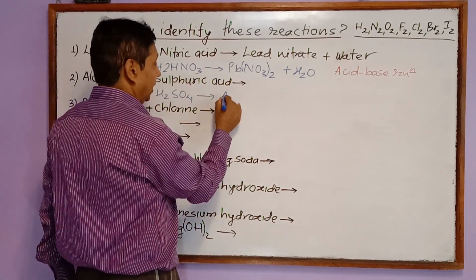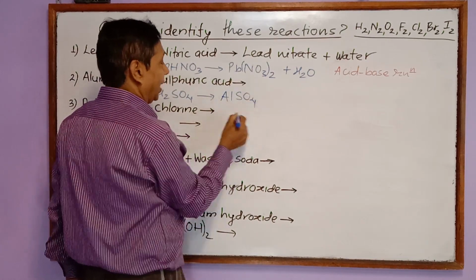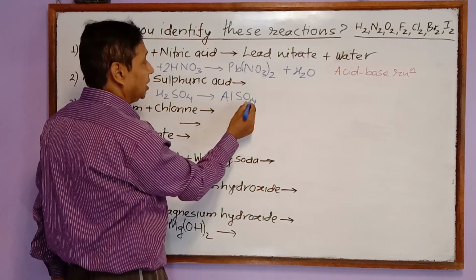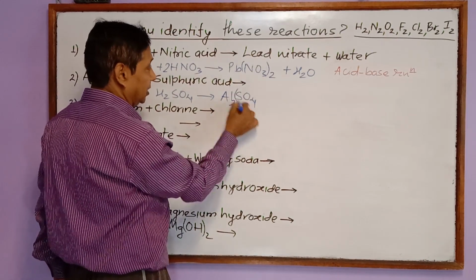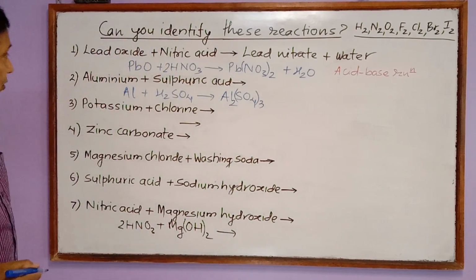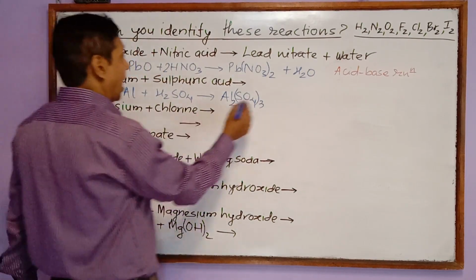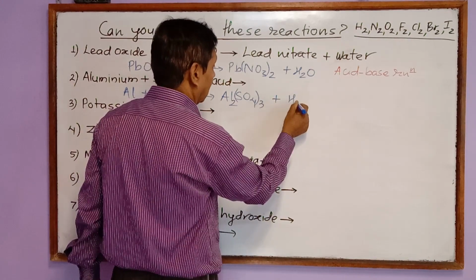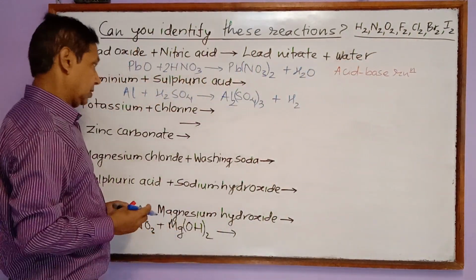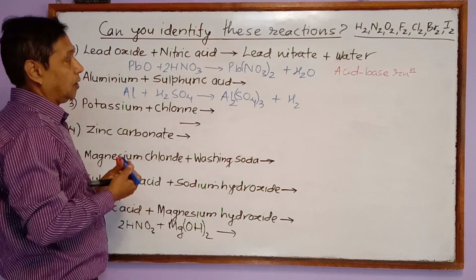Then we'll have AlSO4, aluminium valency 3, sulfate valency 2. That's why we transfer 2 to aluminium and 3 to sulfate: Al2(SO4)3. Hydrogen is displaced, and when it becomes free it is diatomic, as I told you just now, so H2. I wrote this formula equation.